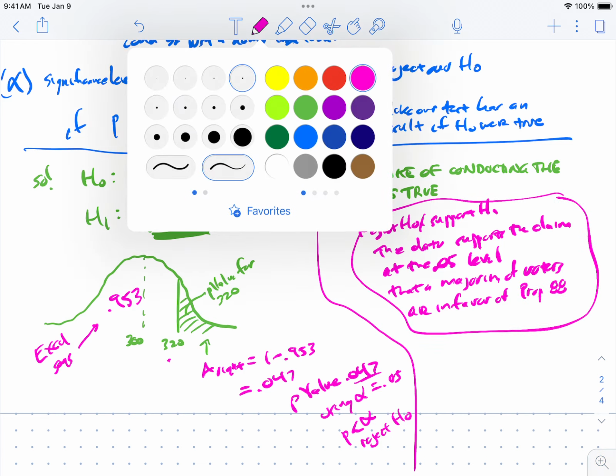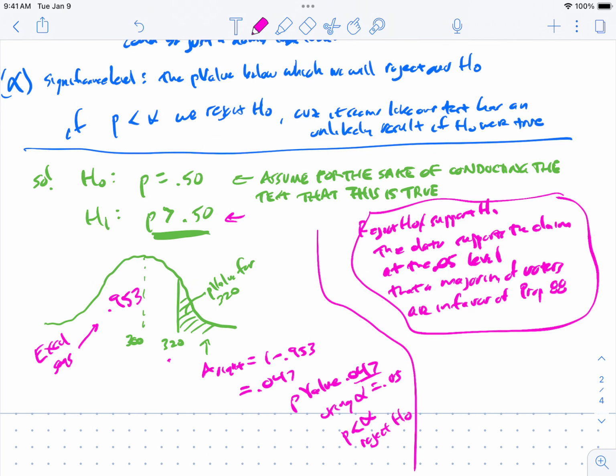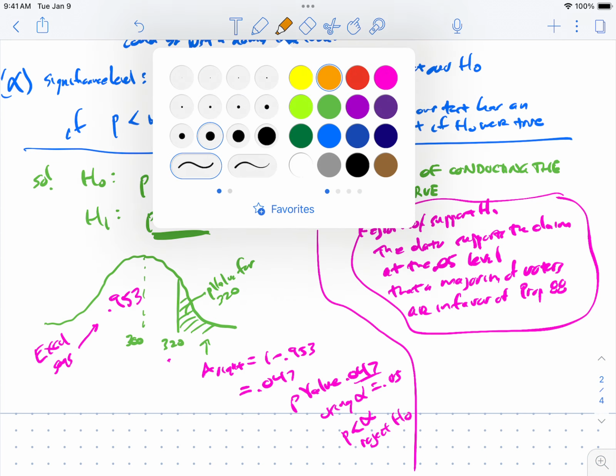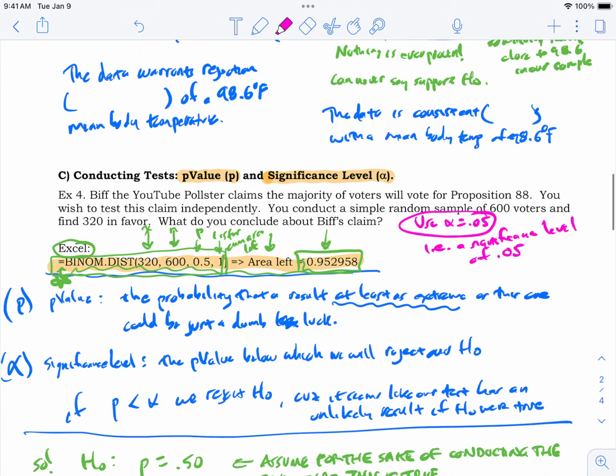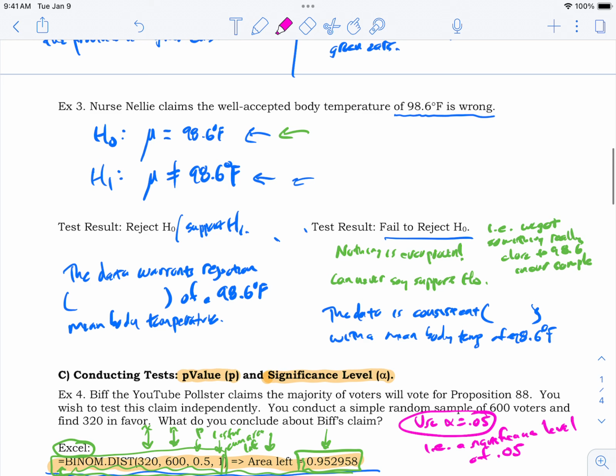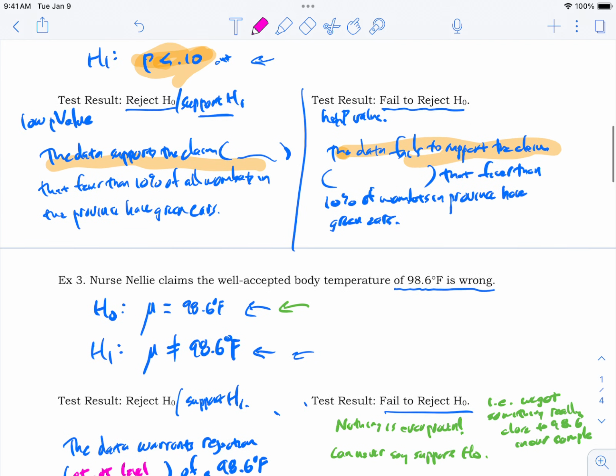At the 0.05 level. That's the new part. That's what goes into all these parentheses. Okay, so we can do that real quick, right? Let's just assume we always used a 0.05 level.